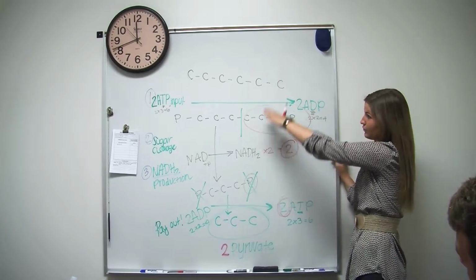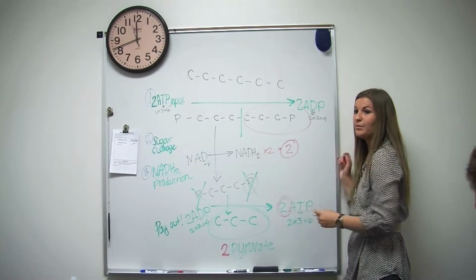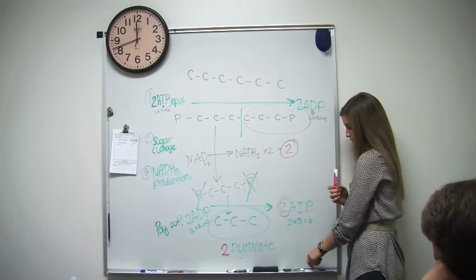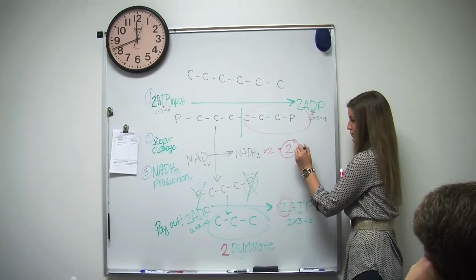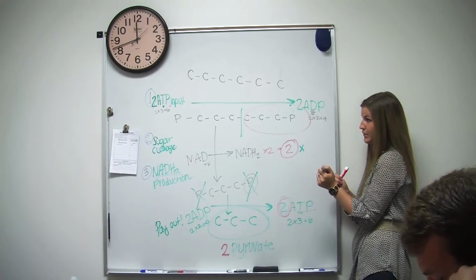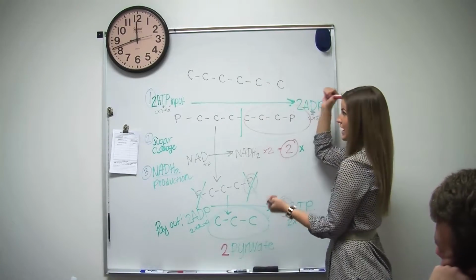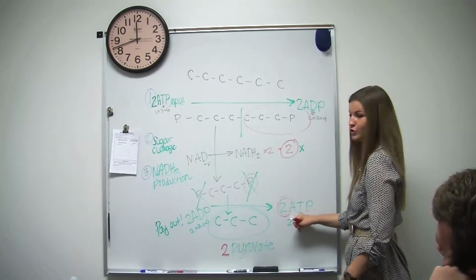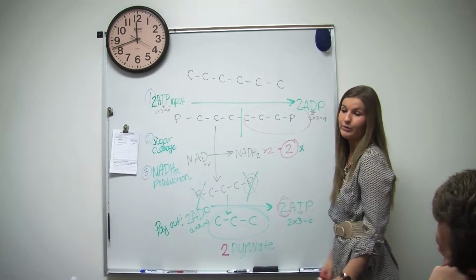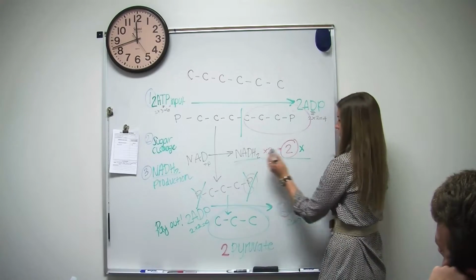So just with the process of glycolysis, we're going to have 2 ATP, but how many potential ATP do we have from glycolysis? If we only look at this step right here, we get 2 ATP, right? But how many potential ATP do we have when we go all the way through the electron transport chain? 6 plus 2 is 8.